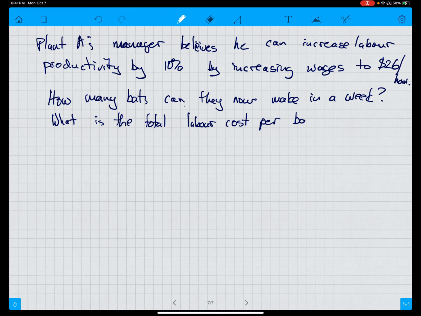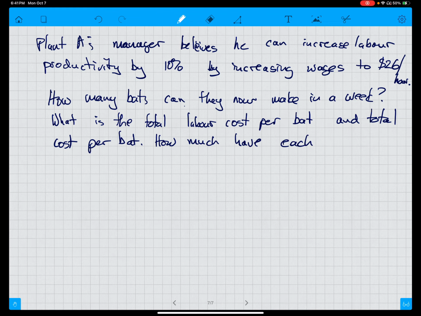What is the total labor cost per bat? And total cost per bat. How much have each improved?